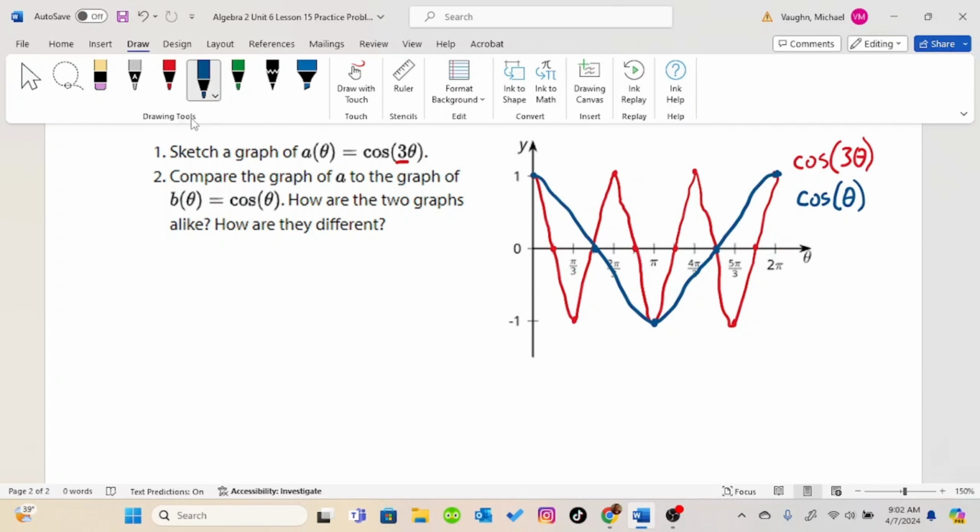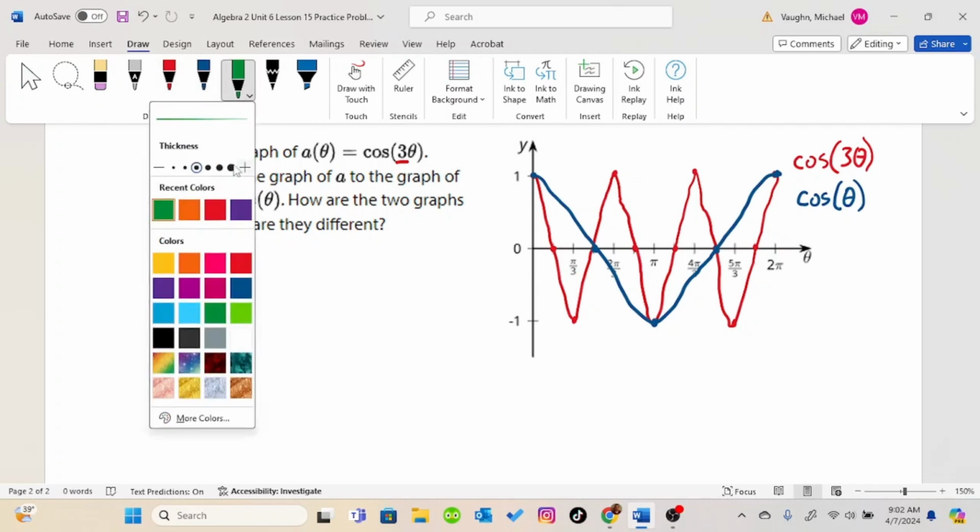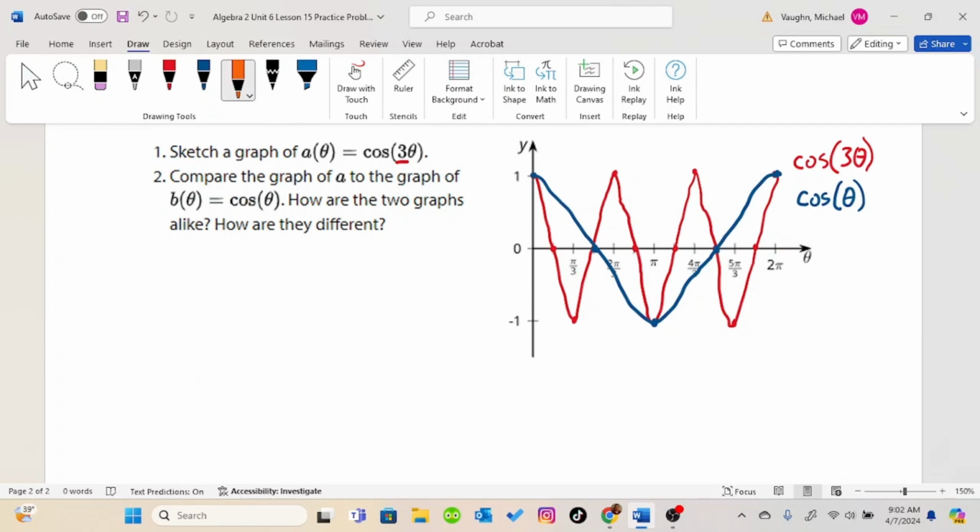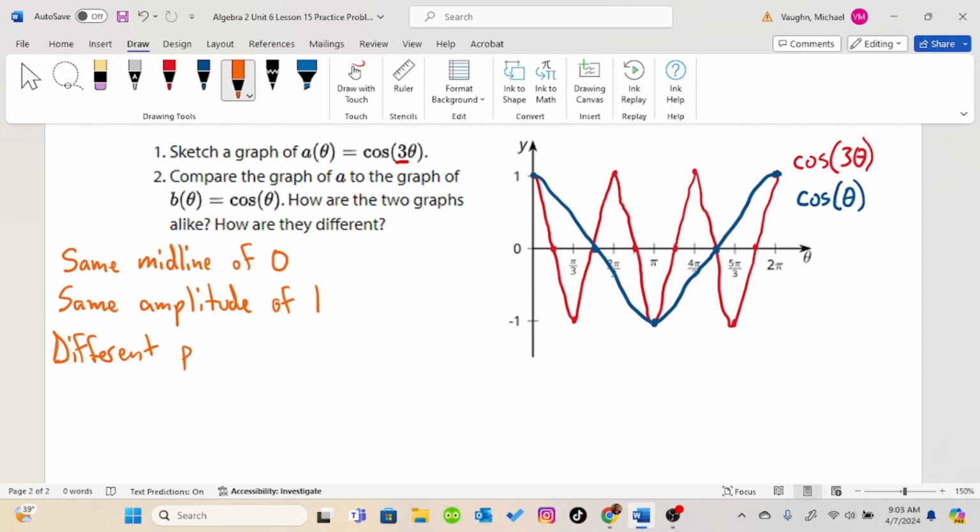They want to know, how are the two graphs alike and how are they different? So, same midline of 0, same amplitude of 1, different periods.